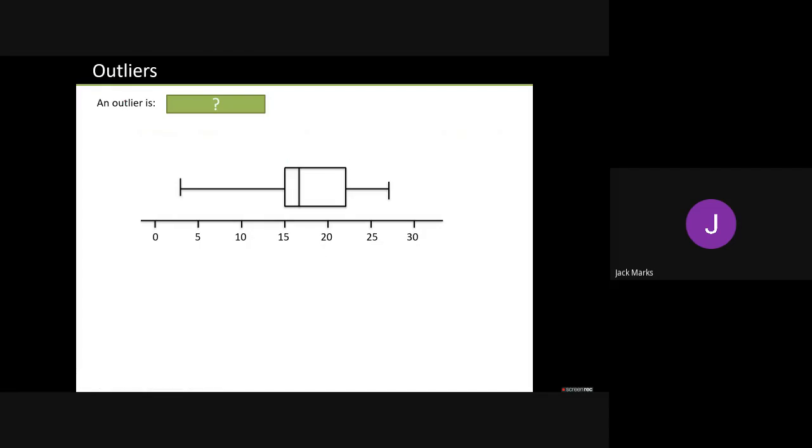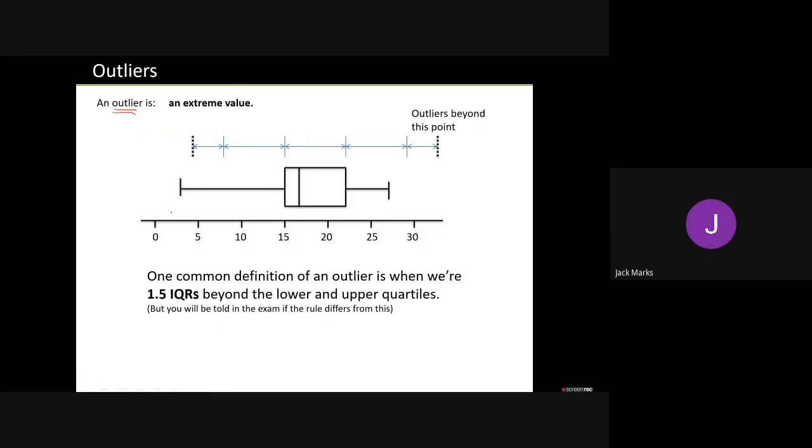Outliers then. You'll probably be fairly familiar that an outlier is an extreme value of data that doesn't really follow the general pattern. We can call an outlier an extreme value, but often there's actually a robust definition that's used: an outlier is 1.5 multiplied by the interquartile range added on from the upper quartile or taken away from the lower quartile.